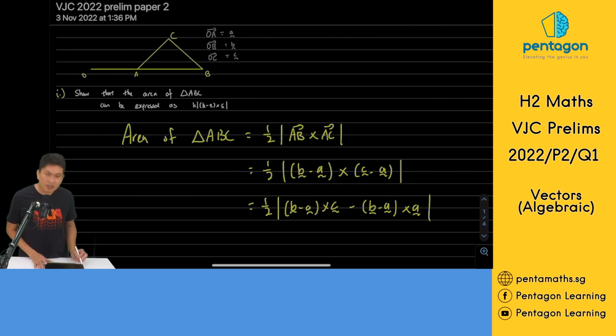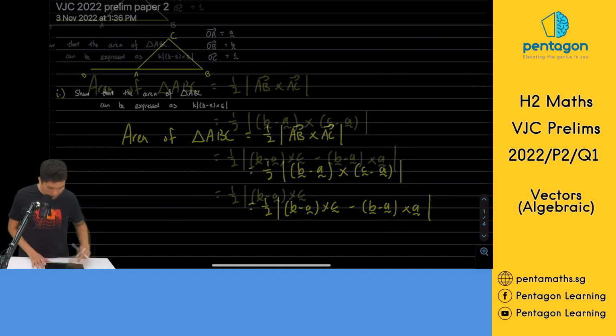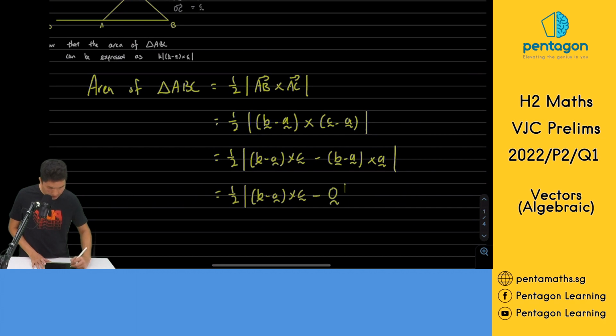And then you make an observation, which is this is AB, this is OA, right? AB cross OA. AB and OA are parallel. When you cross parallel vectors, you end up with a zero vector. So I can replace it with a zero vector.